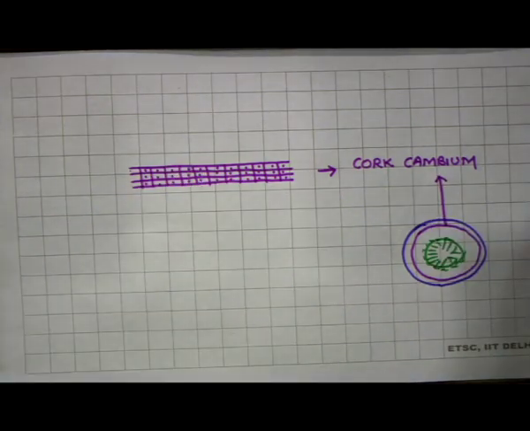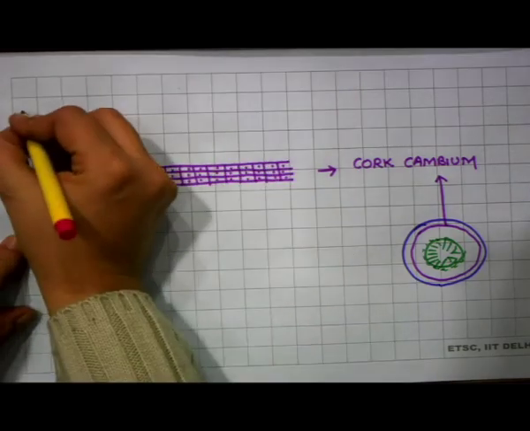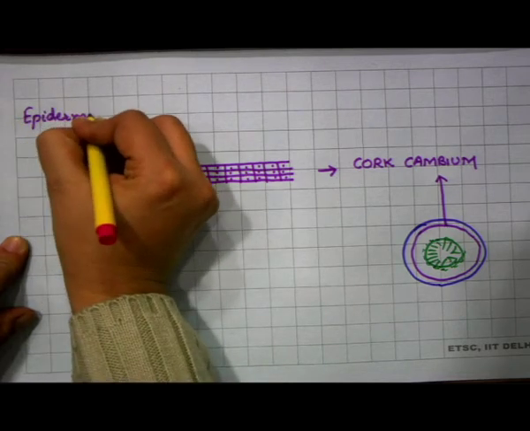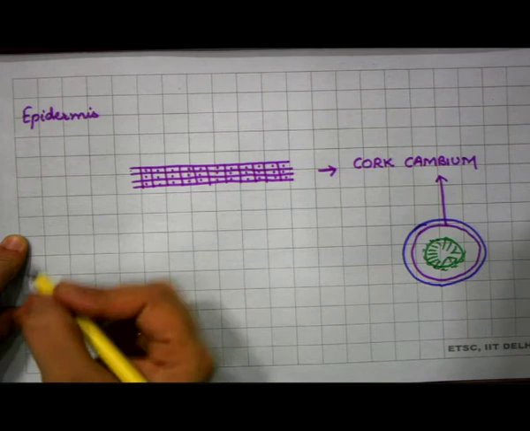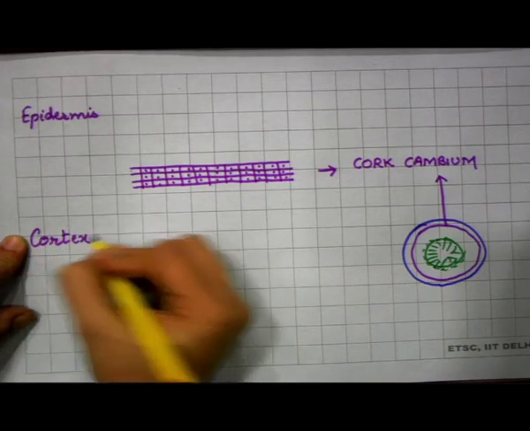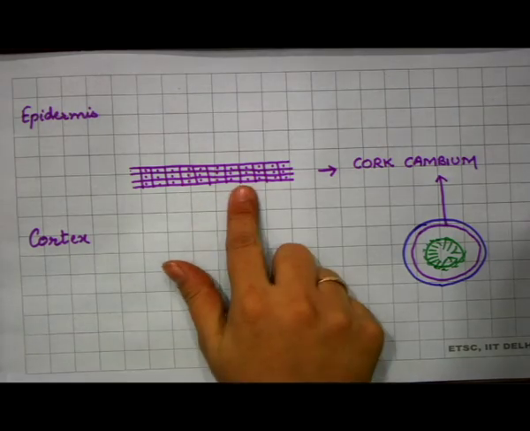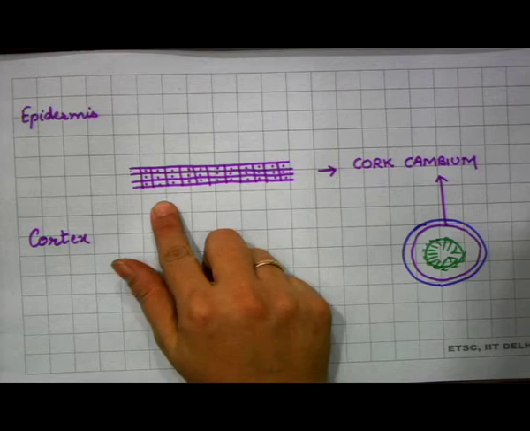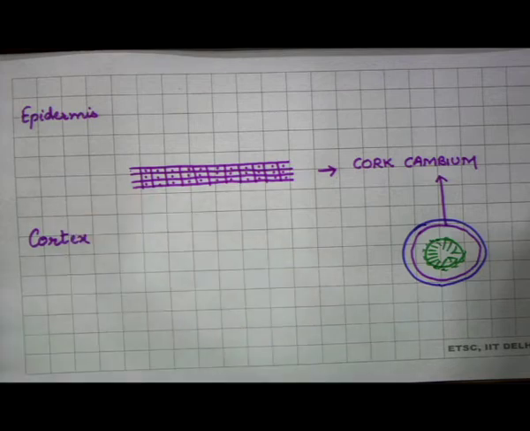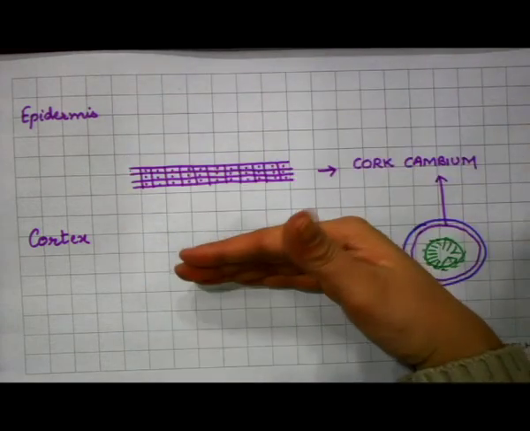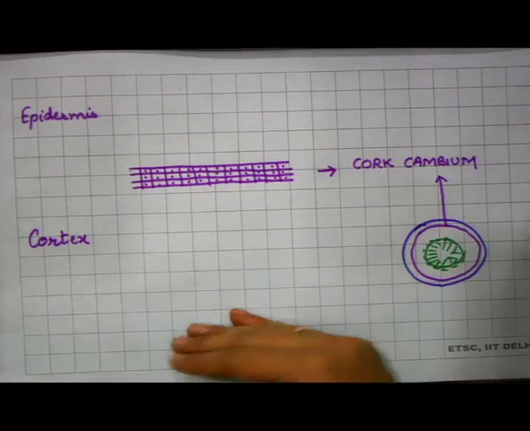Okay. Now, when I say towards outside, I mean towards the epidermis, and when I say towards inside, I mean towards the cortex. So, the cork cambium that has been formed below the epidermis in the cortical region will now give rise to two types of cells, the cork on the outside and the secondary cortex on the inside.